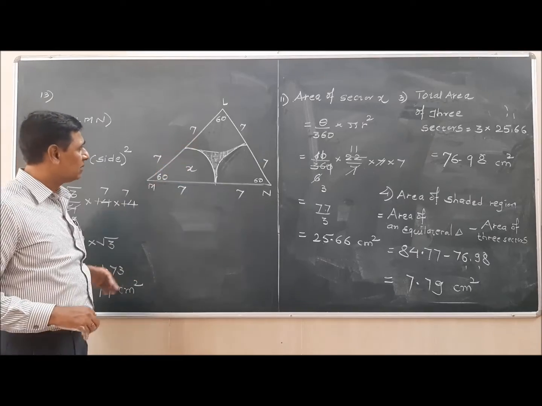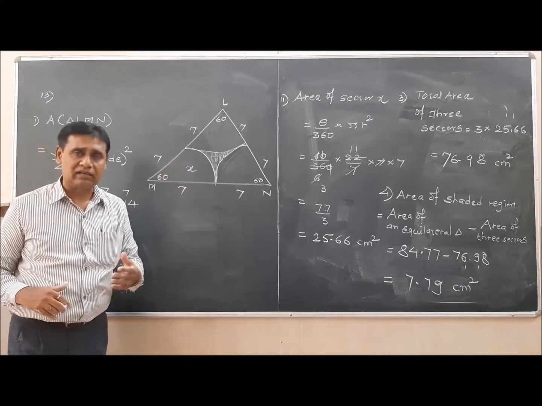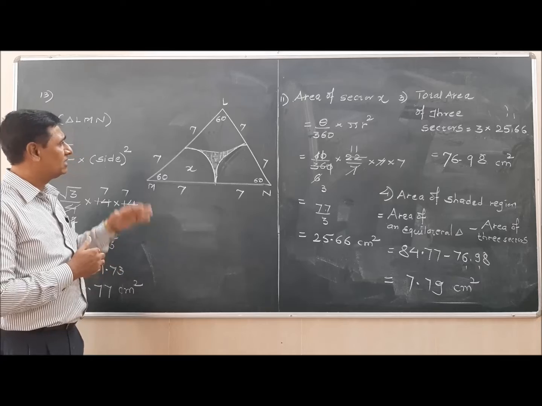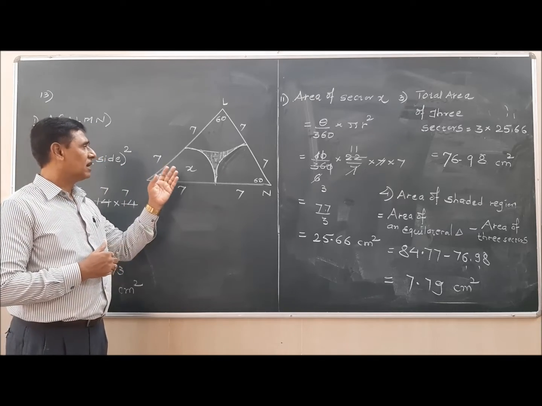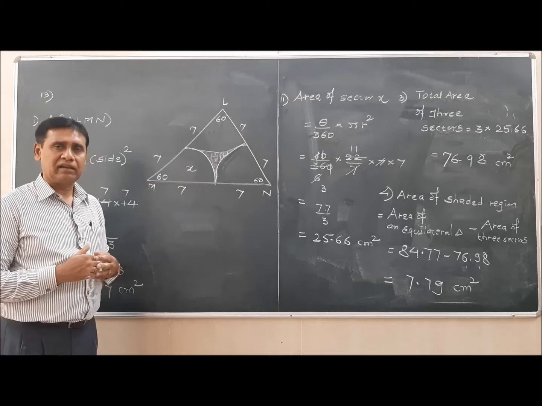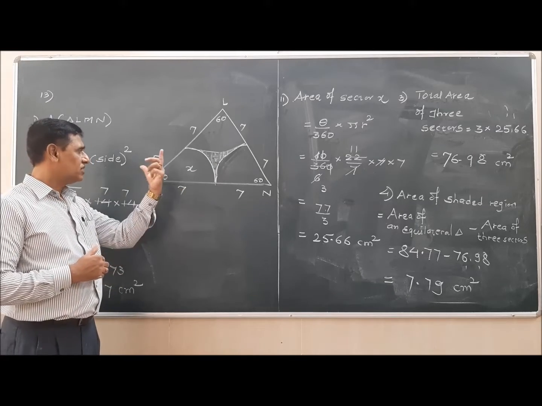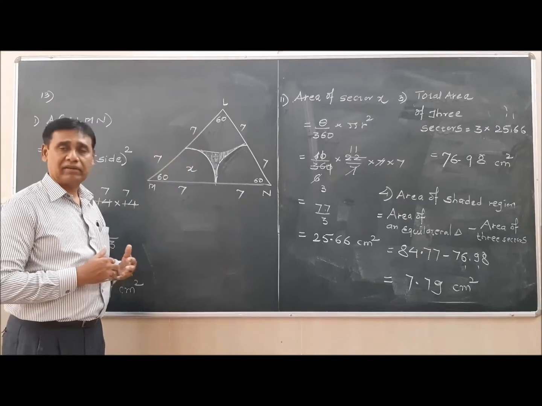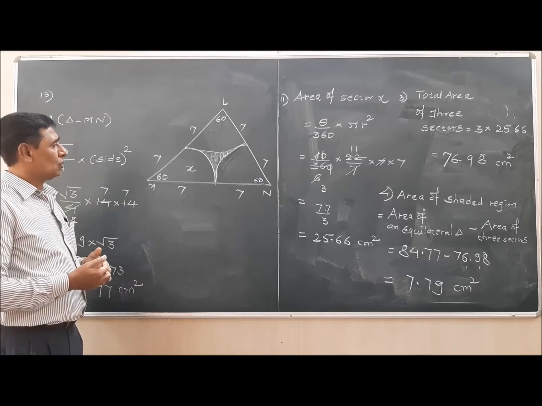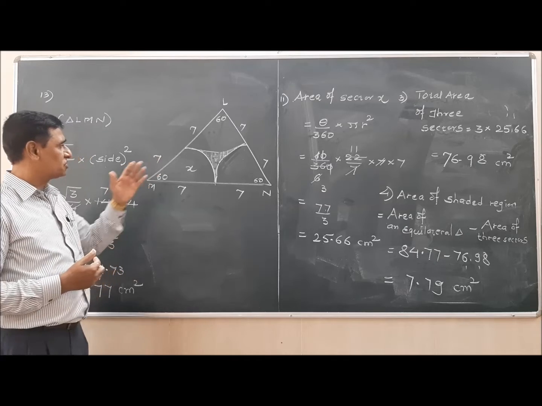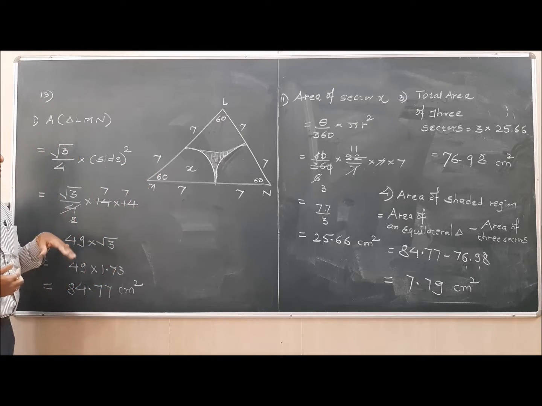So please try to understand this sum once again. In this sum they have given us an equilateral triangle, and the side of the equilateral triangle is 14. But you will find there are three identical sectors, and the radius of each identical sector is 7. Next, this question is divided into 4 sub-questions. The first is, find out the area of an equilateral triangle.